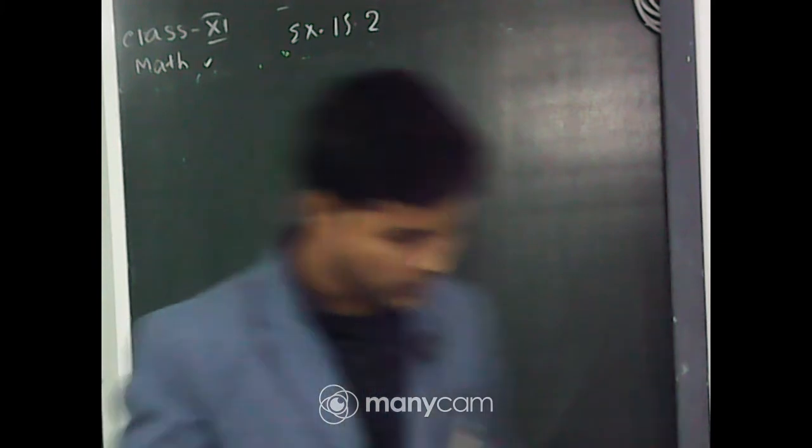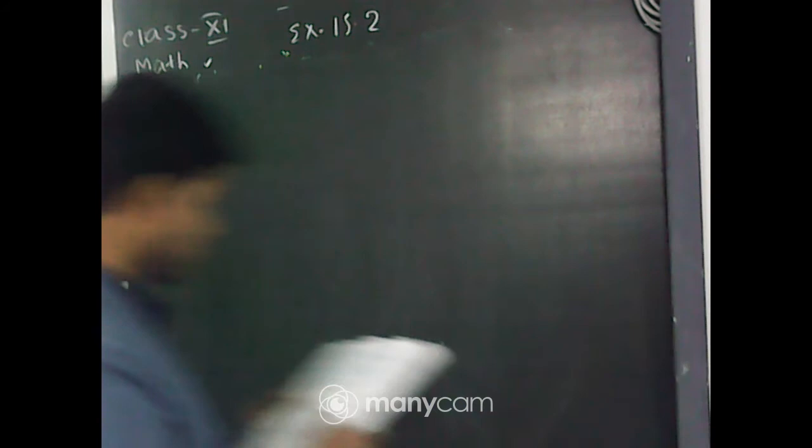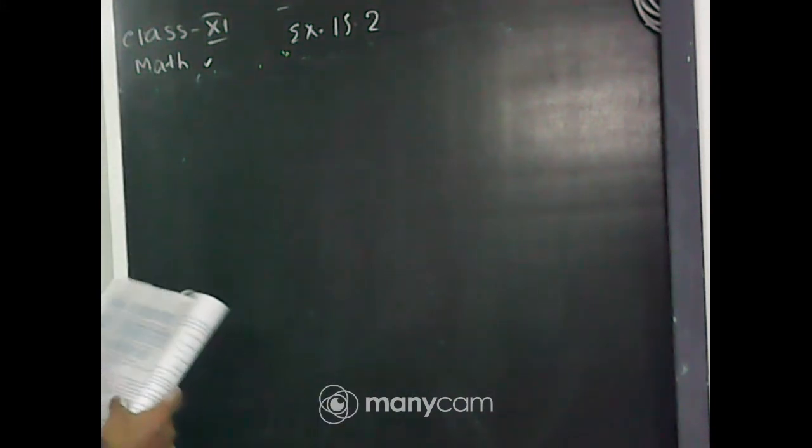Okay, question number 10 is: determine the diameters of the circle in millimeters drawn in a design, given below.